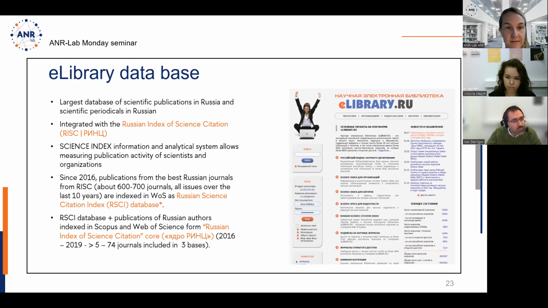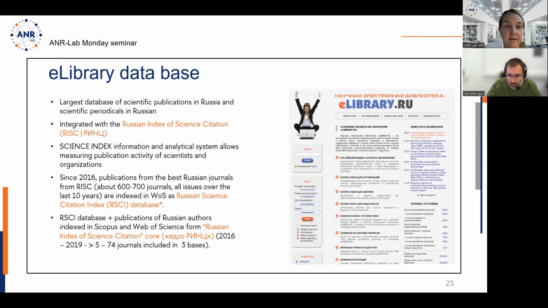And there is another kind of union of publications, which is called Ядро RINS. This is Russian Index of Science Citation Core, and it includes Russian Science Citation Index, this joint project with Web of Science.